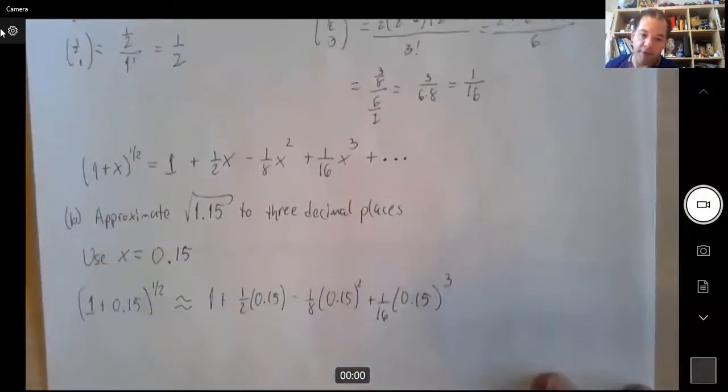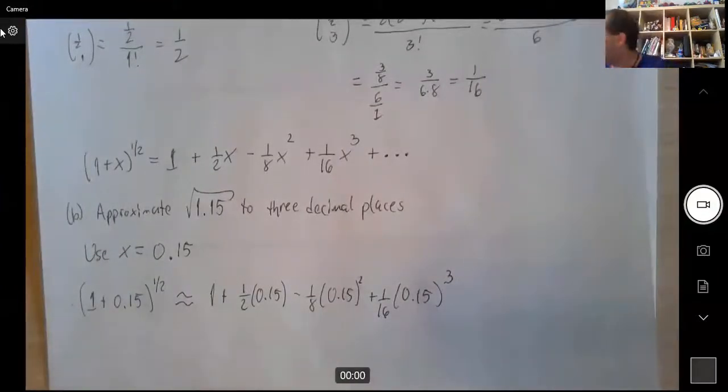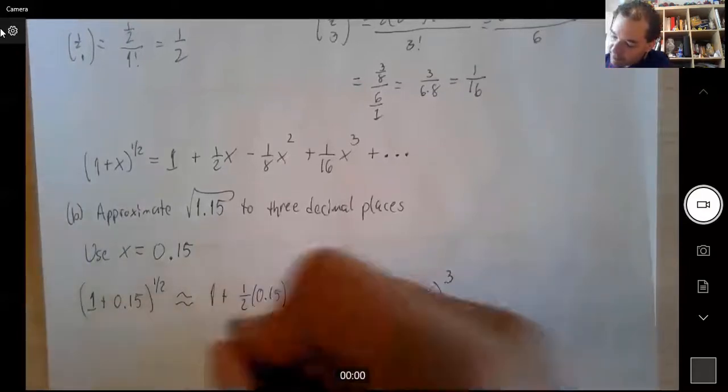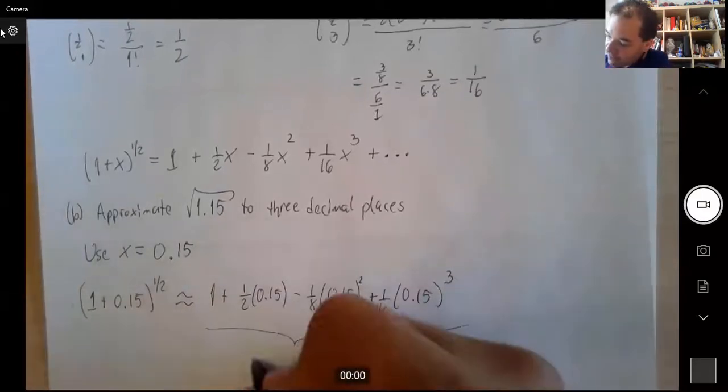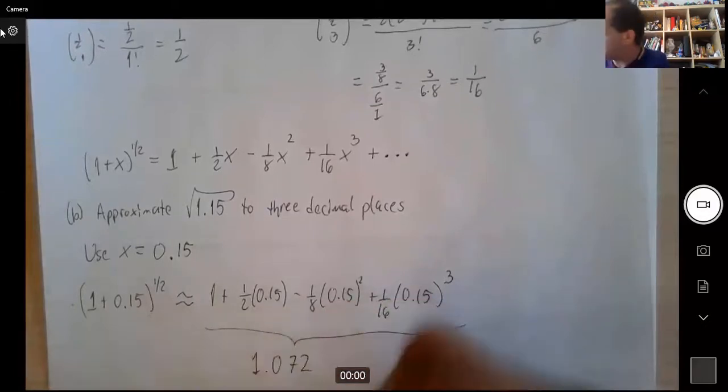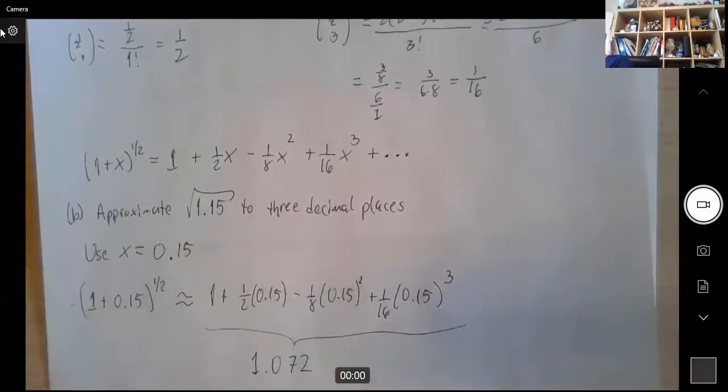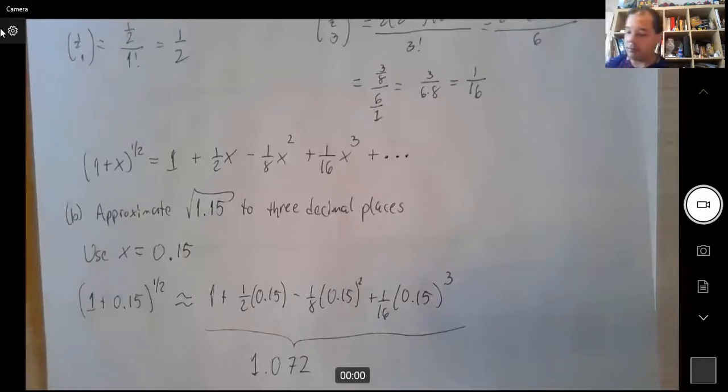And if you're patient, you could, in theory, do all of these operations by hand. So the book says that this is about 1.072, which matches nicely. It approximates the square root that we wanted with 3 decimal places in the right way. Okay? All right. Questions?